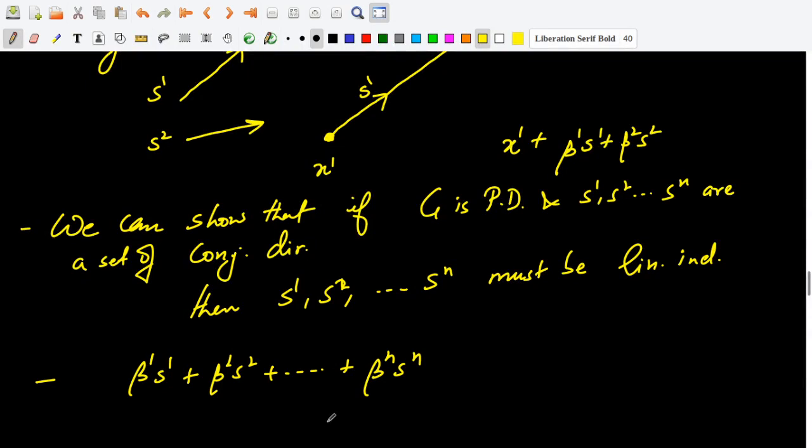So what this theorem says is that by inductively moving from n equal to 1 to n equal to 2 to n equal to 3, we can show that this x n plus 1 is actually going to be the global minimizer of my quadratic function f. All right, so this is a nice method then.